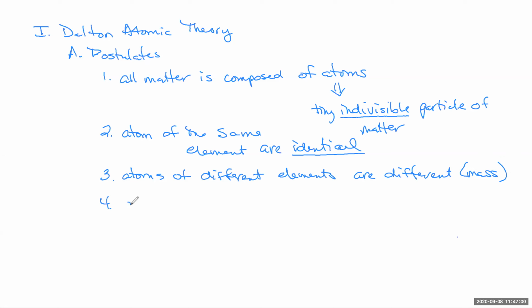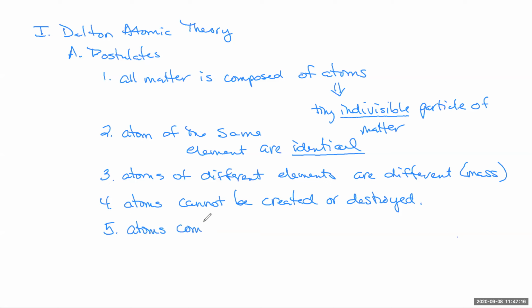And he also said that atoms cannot be created or destroyed during chemical reactions. And his fifth and last thing is that atoms combine in small whole number ratios to form compounds.